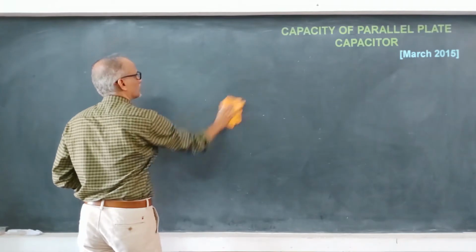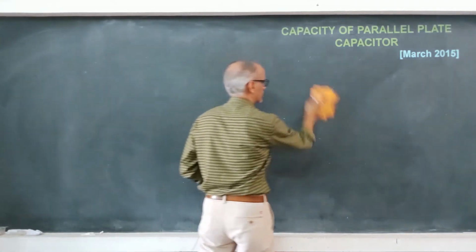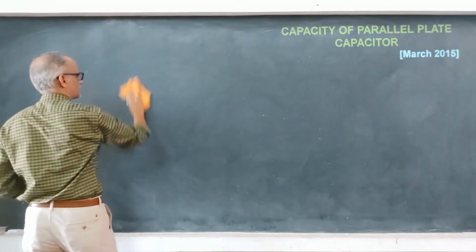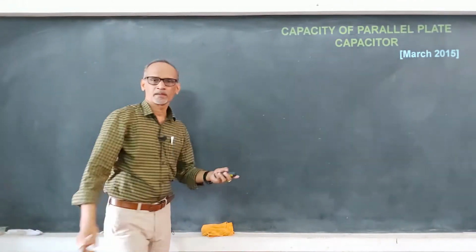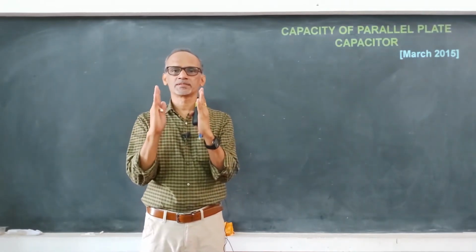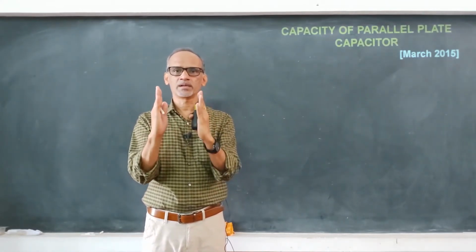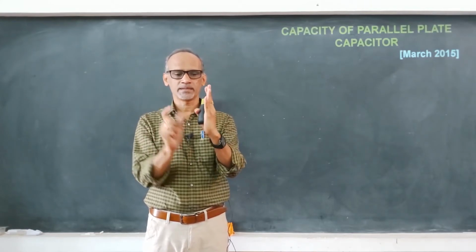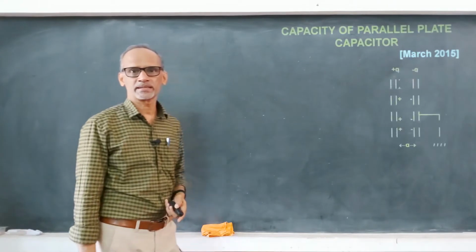And we are going to learn about a type of capacitor which is the parallel plate capacitor. In a parallel plate capacitor, there are two parallel plates. Both the plates are of the same shape, both rectangular, both circular, or both square, identical, separated by some distance. So, something like this.